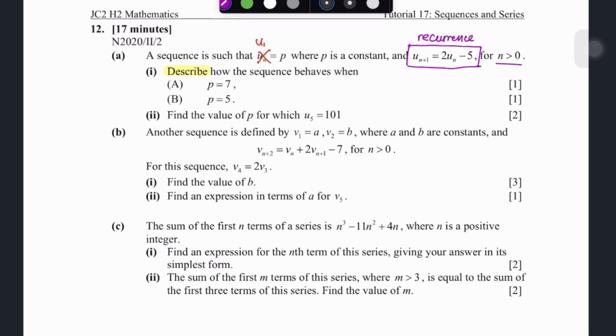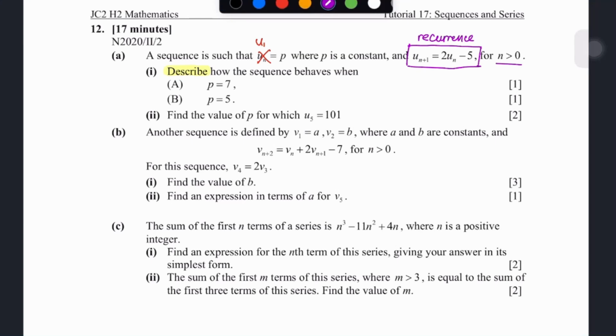There is a way to do it using the GC, but if you are a bit lazy, you can visualize what's going on. When P equals 7, what happens? What's the first term?